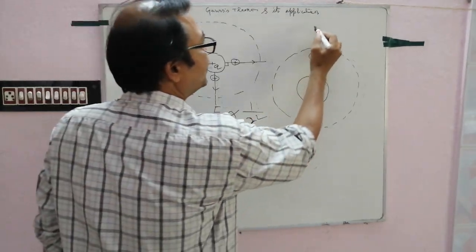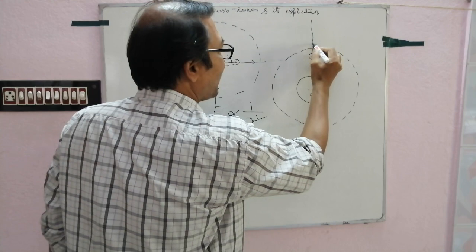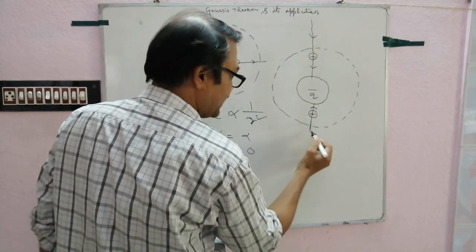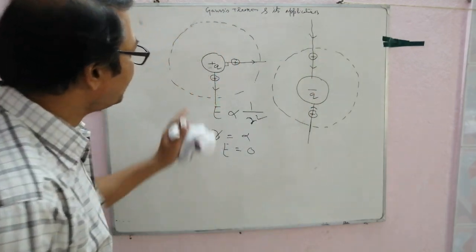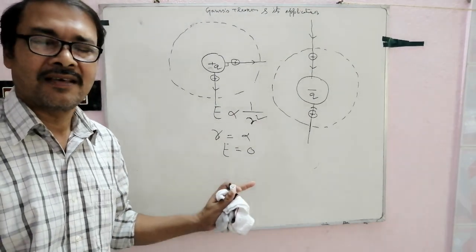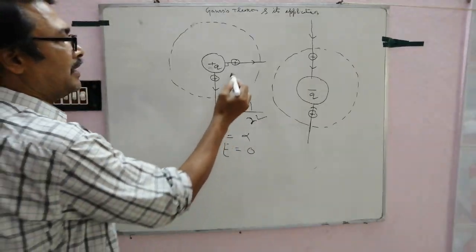You follow the lines, the path is coming from infinity. So these imaginary lines are called electric field lines.